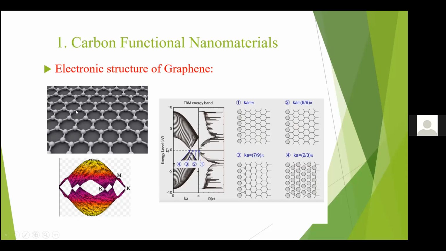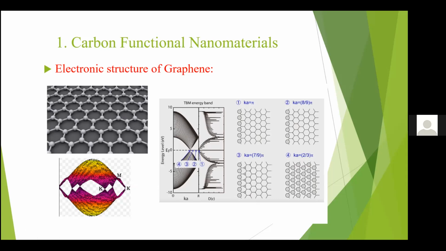You can see here, the structure creates the Dirac point at the Fermi energy, which is equal to 0. You can see here K is the Dirac point.